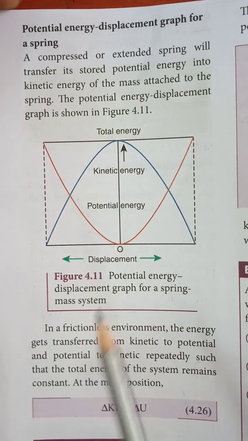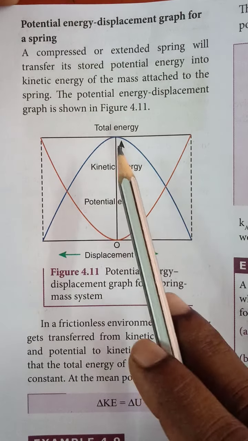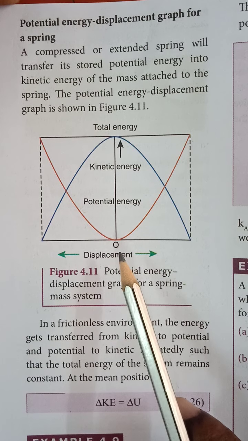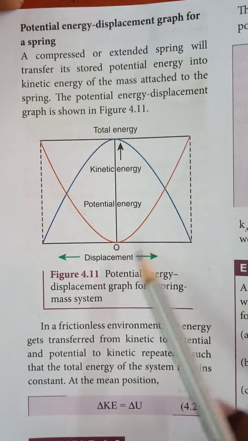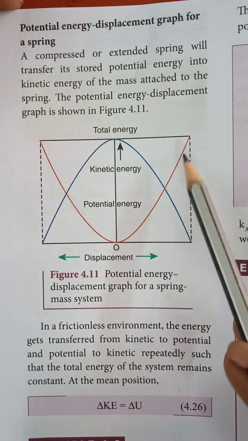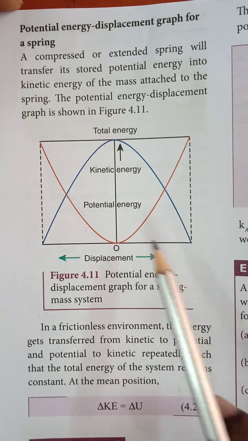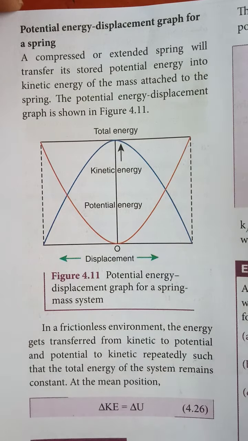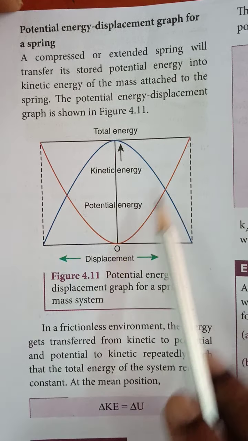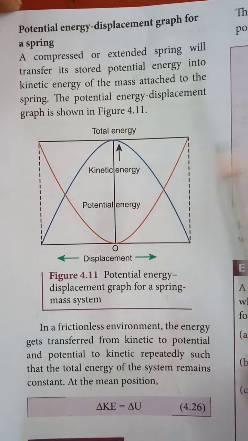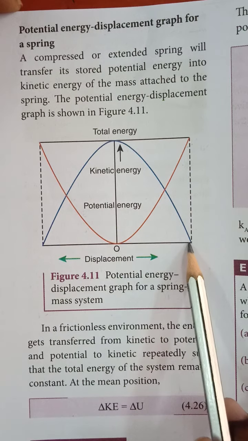In the stable position, the spring has maximum kinetic energy and minimum potential energy. As the spring is extended, its potential energy increases and kinetic energy becomes minimum. At every point the total energy remains constant. Here is minimum potential energy, here is maximum potential energy; at the same time, here is maximum kinetic energy and here is minimum kinetic energy.